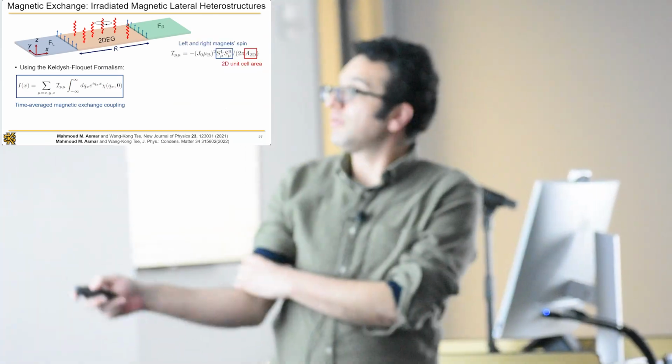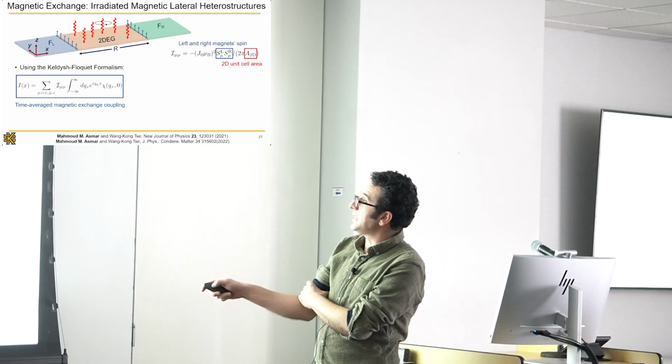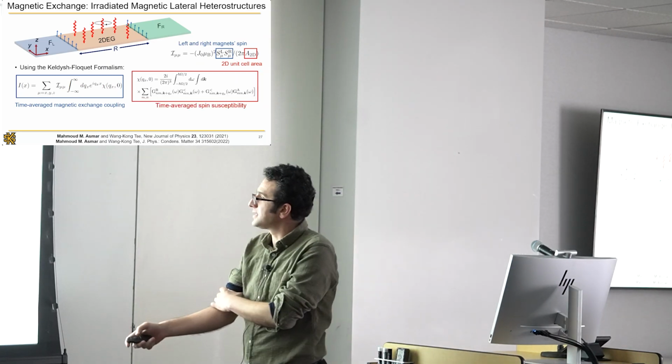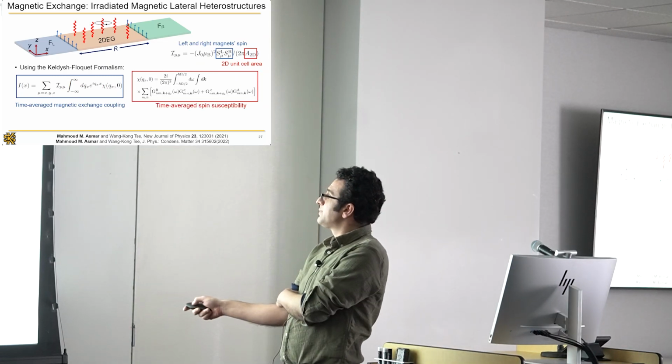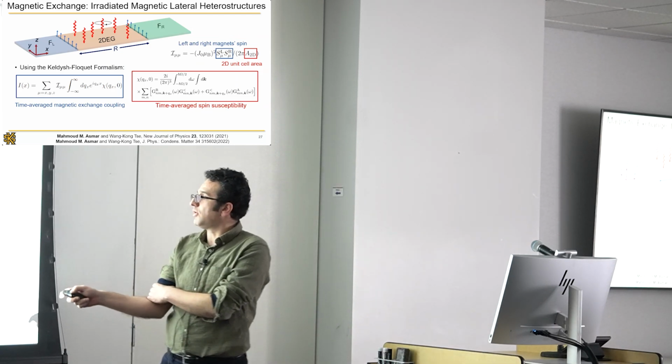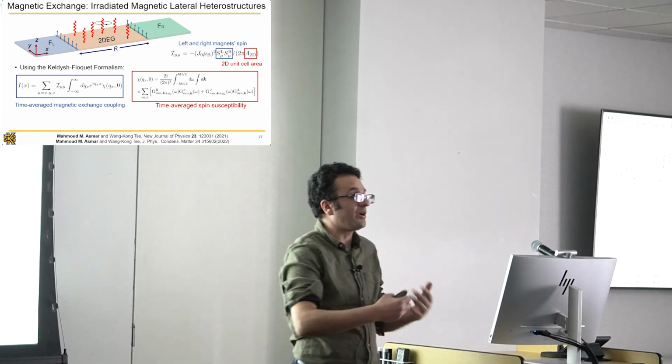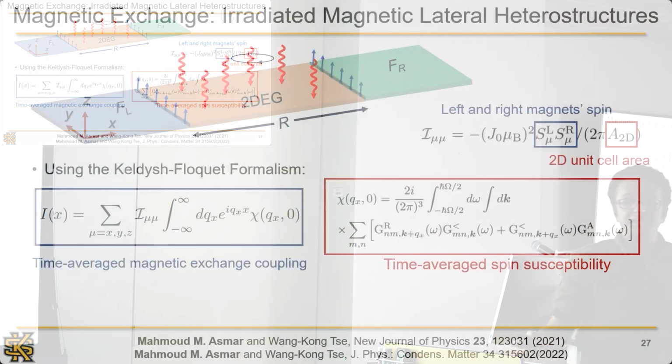Here this constant has the left spins, the right spins, and the area of the 2D unit cell. These are just constants, but the time average spin susceptibility is given in terms of the retarded, lesser, and advanced Green's functions that appear naturally from the Keldysh-Floquet formalism.